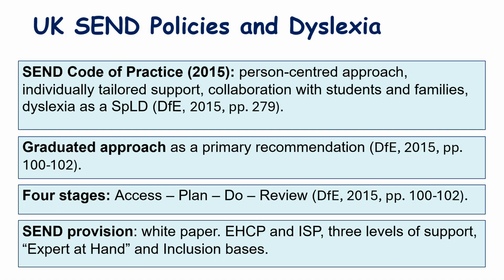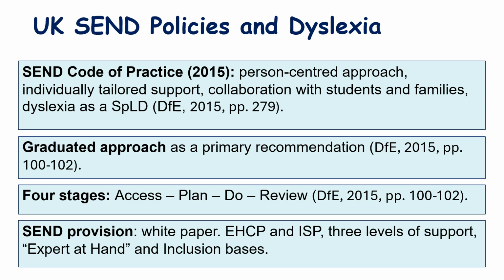The SEND Code of Practice 2015 remains the principal statutory guidance for SEND provision in the UK, outlining the legal duties for local authorities and educational organisations. Central to the code is early identification of needs and timely intervention, as well as the graduated approach based on a person-centred framework. Tailored support involves young people and their families collaborating with professionals in education, health, and social care to make decisions together.